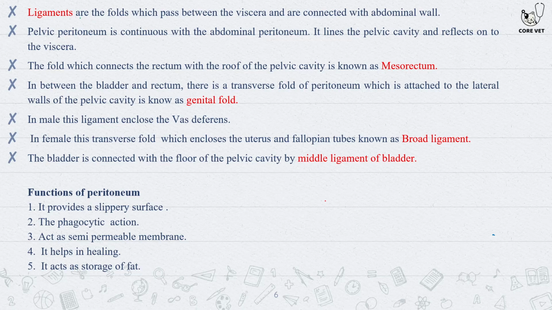In the case of the peritoneum, these are the folds which pass between the viscera and connect with the abdominal wall. So if this is organ 1, say O1, and O2, and this is the abdominal wall that I have drawn above them. This is the abdominal wall.